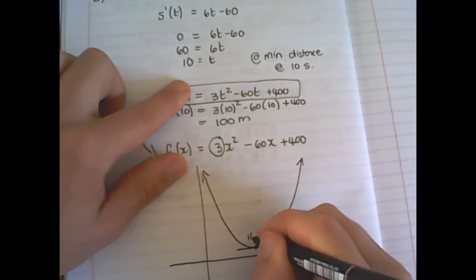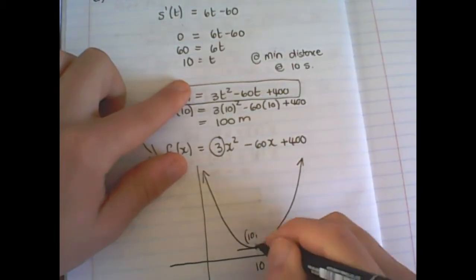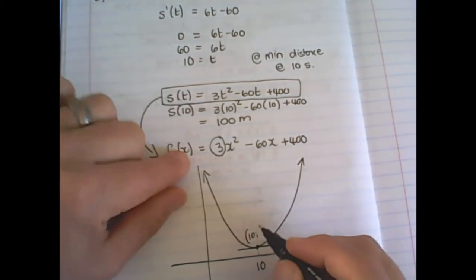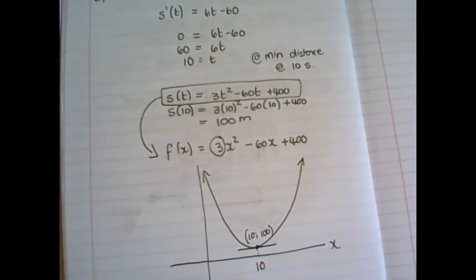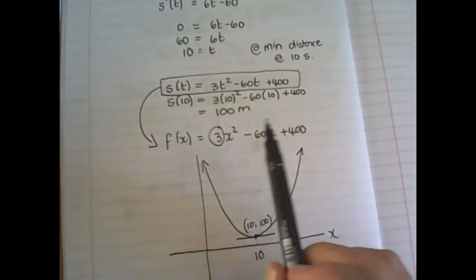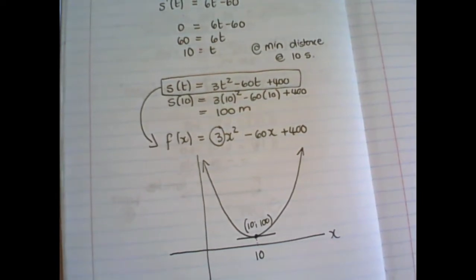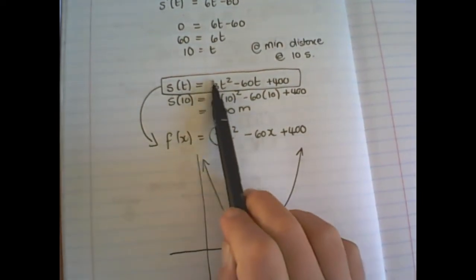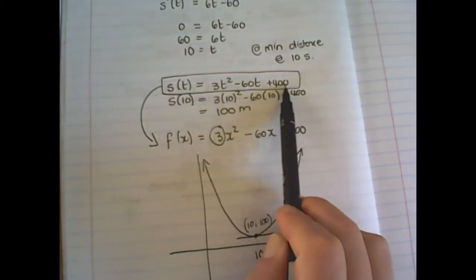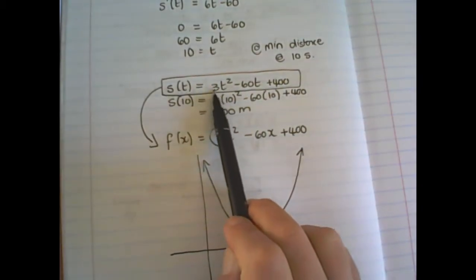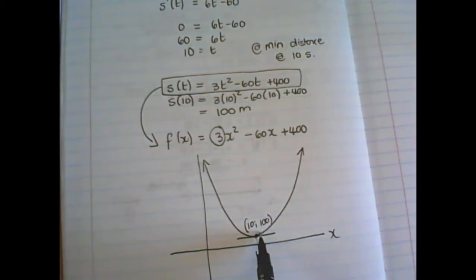And if I substitute the x value into the original equation, I get 100. All right. So you don't have to do this. It's just to show you that this represents, even though we're not using x's, a parabola. And because it's a smiley face, it will have a minimum value.